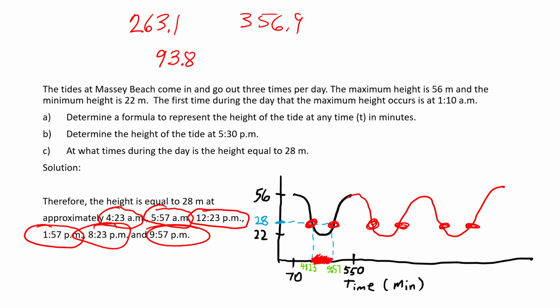And then all we would have to do is multiply that by 3 because we know that it repeats itself 3 times per day. And that 93.8 times 3 would give us a total number of minutes that would represent the length of time during a day that we are below a height of 28 meters.